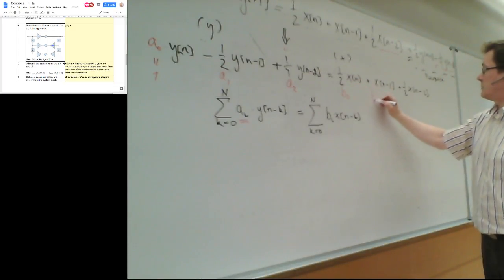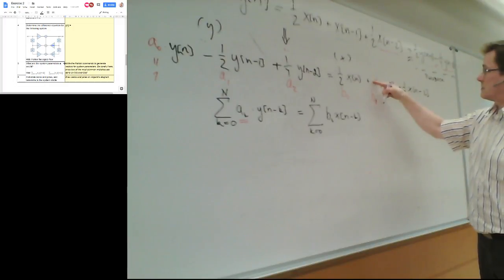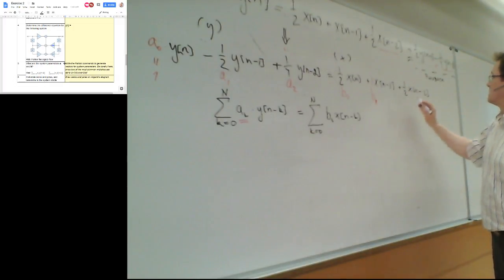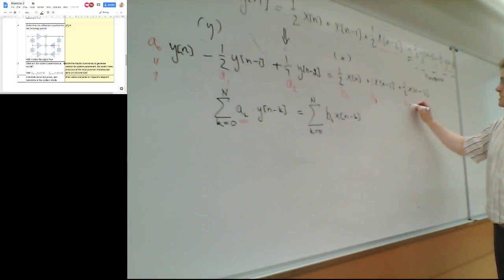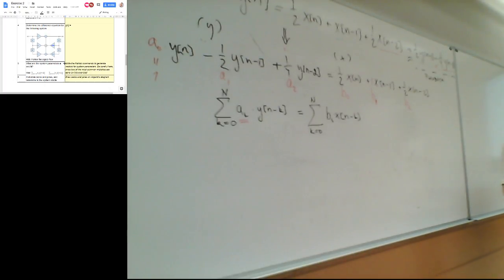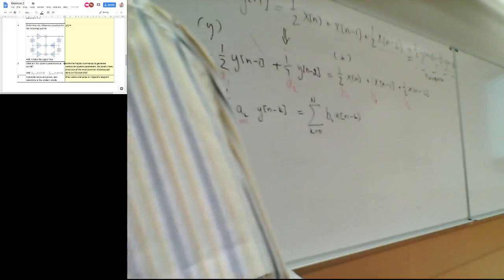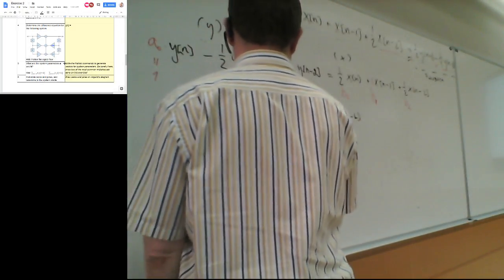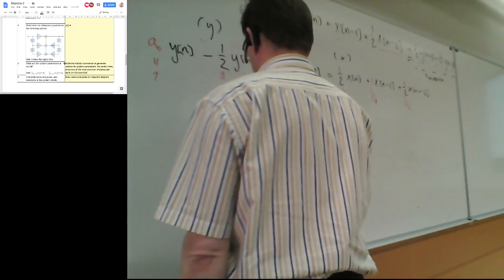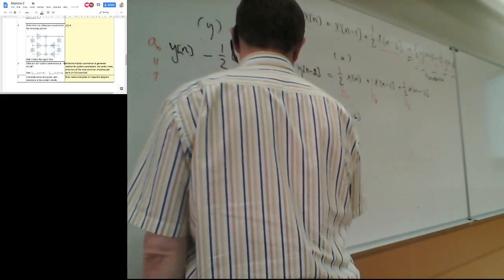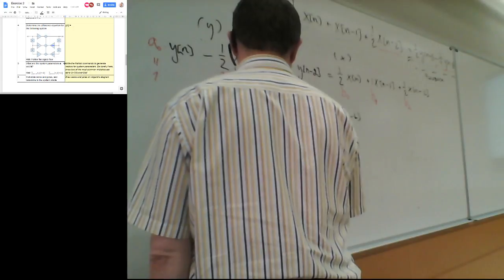b0, b1. It's 1 times, okay, and b2. Which means that we can simplify the whole system and just take those values as the system coefficients.